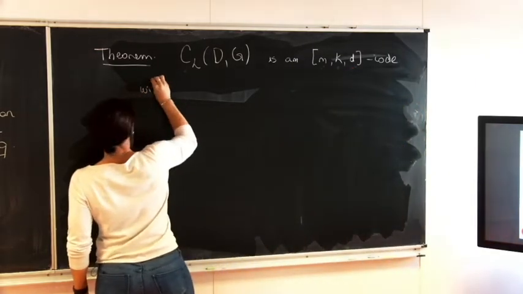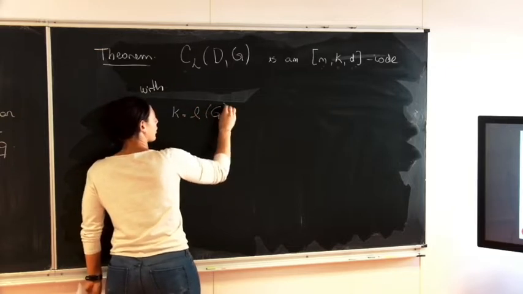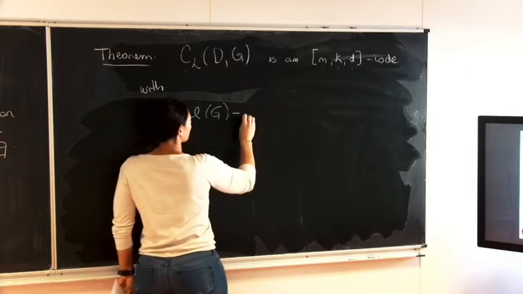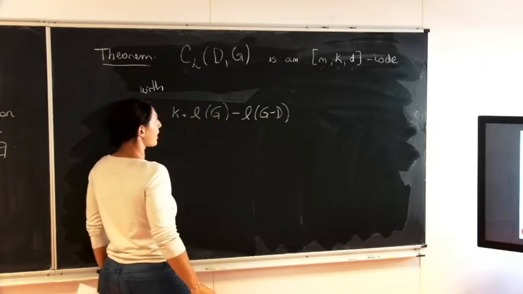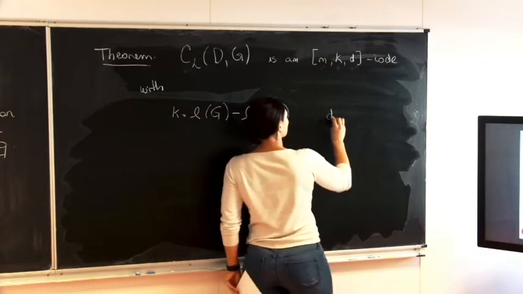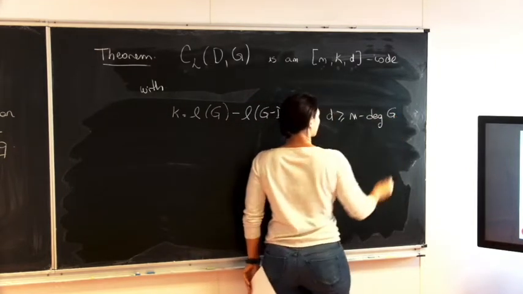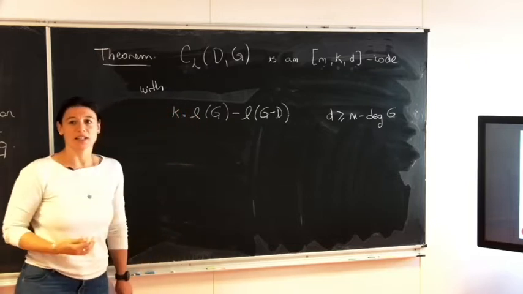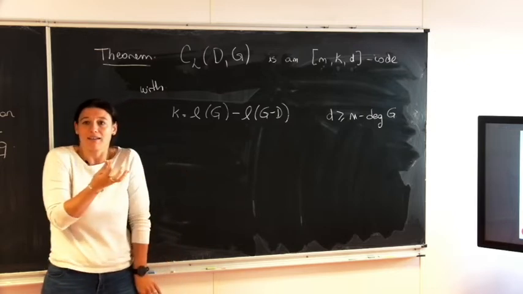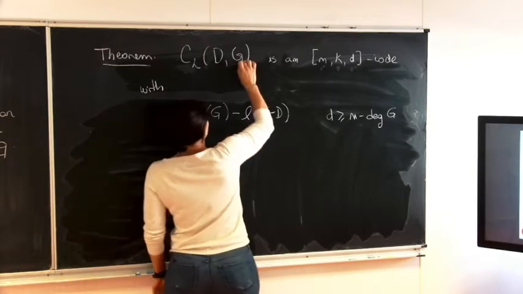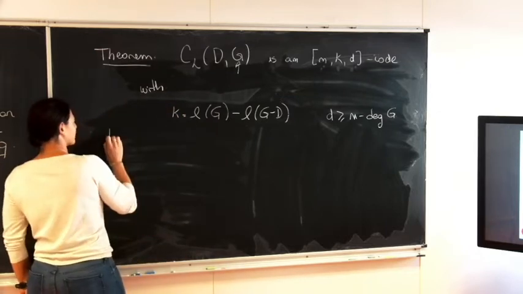With k equals the dimension of the divisor G minus the dimension of the divisor G minus D. And the minimum distance is bounded by n minus the degree of the divisor G. So actually, the parameters of the AG code depend on the divisor that I'm choosing to evaluate here, of course. It's what we thought it should be. So how do we prove this?